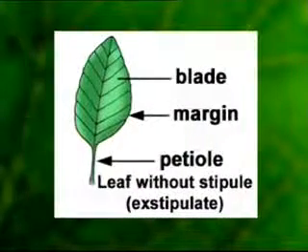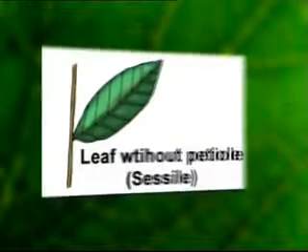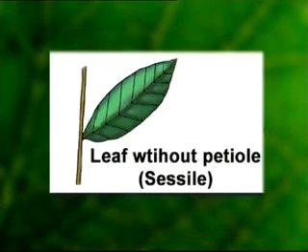Not every species produces leaves with all of these structural components. In certain species, paired stipules are not obvious or are absent altogether. A petiole may be absent, or the blade may not be laminar or flattened.